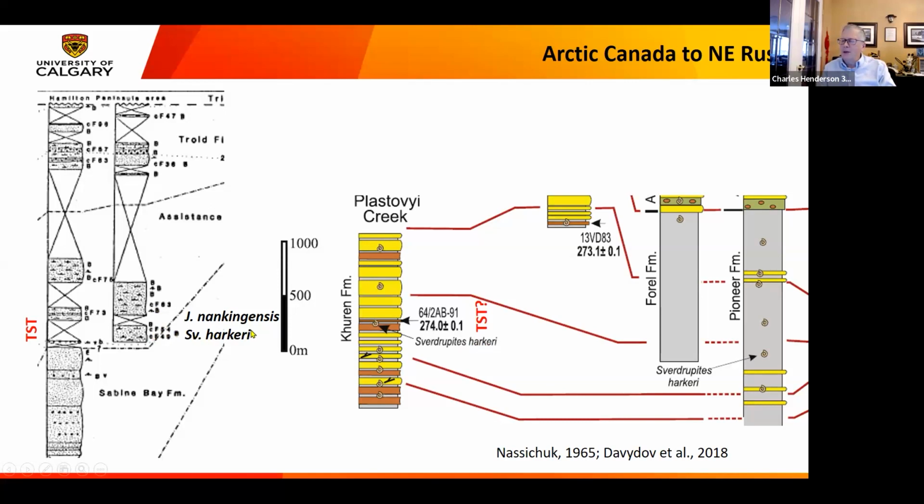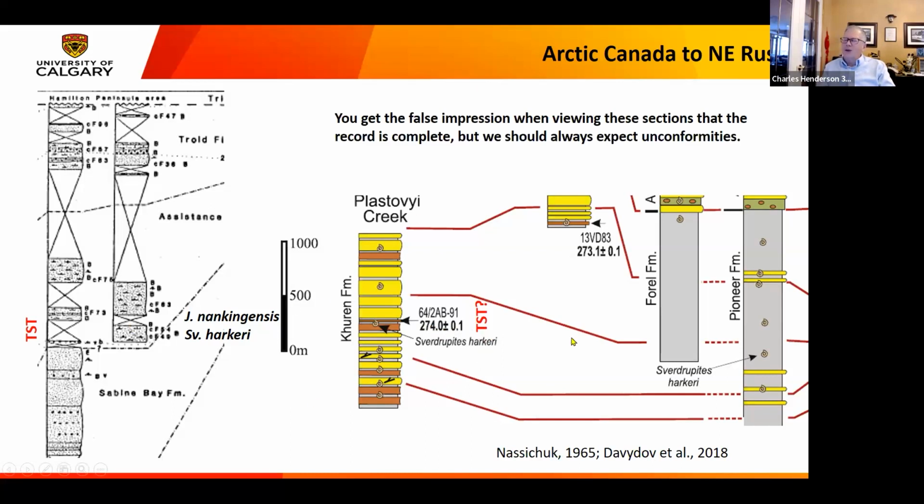In fact, Sphaerogyropides harkeri and Jinogondolella nankingensis subspecies all occur in the lower part of the Assistance Formation. And so we have a good correlation between these two sites. We have harkeri with subspecies of nankingensis, and we have Sphaerogyropides harkeri in northeastern Russia. And the dates that they have right there, 274 plus or minus 0.1.